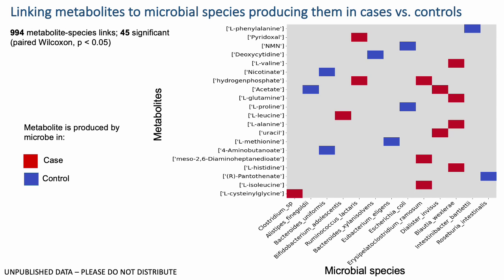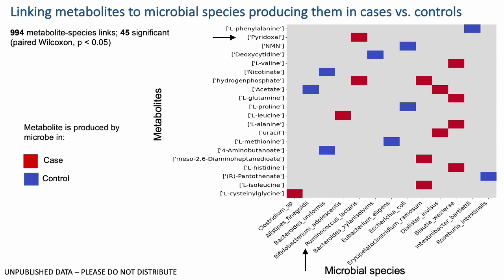Looking at one example, we have predixal, a metabolite which also showed up in the graph that I showed in the previous slide. This metabolite is produced in our simulations at higher levels in cases compared to controls, and additionally the higher levels of this metabolite have been previously implicated in celiac disease.